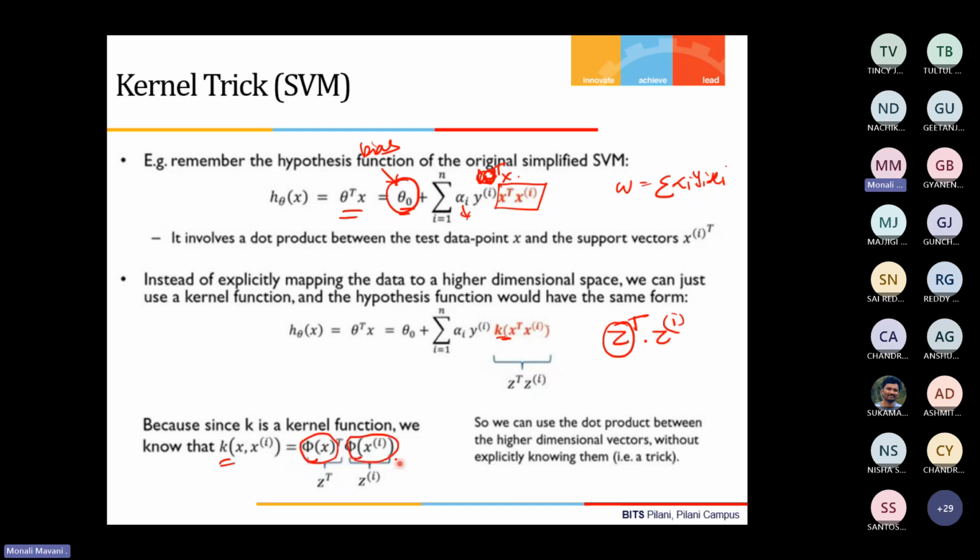All these x i are the support vectors, and x is your test data point. So between the test data point and all the support vectors, we apply the kernel function.